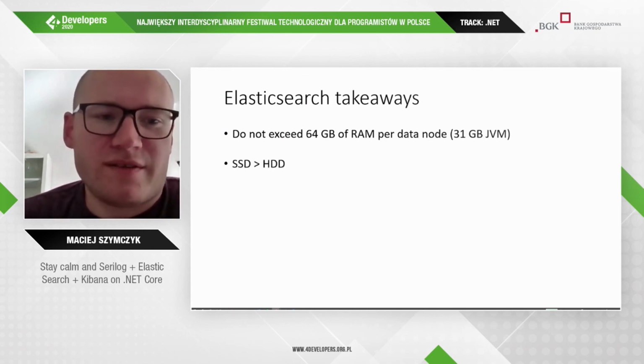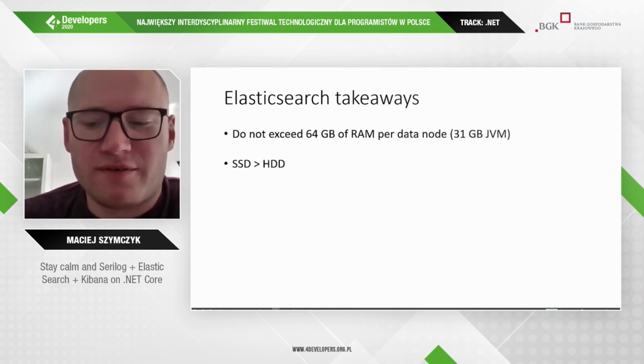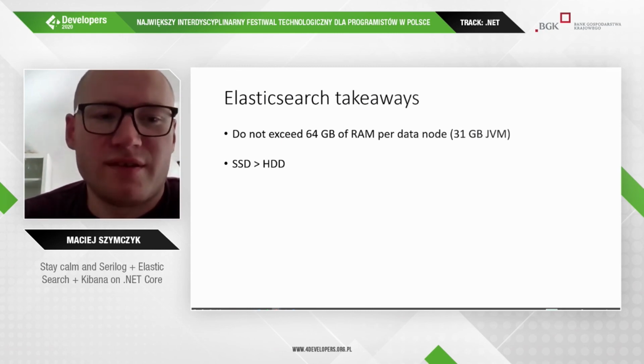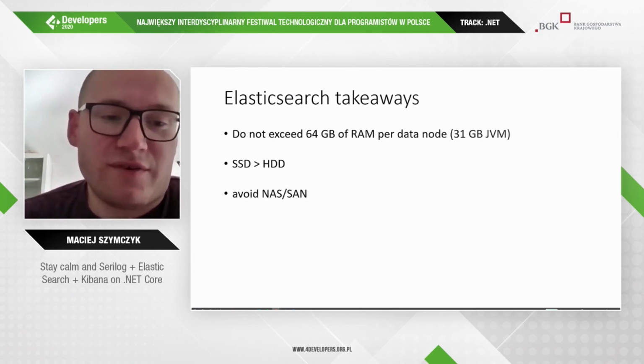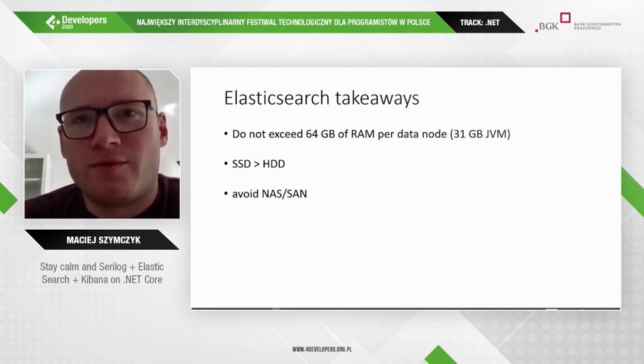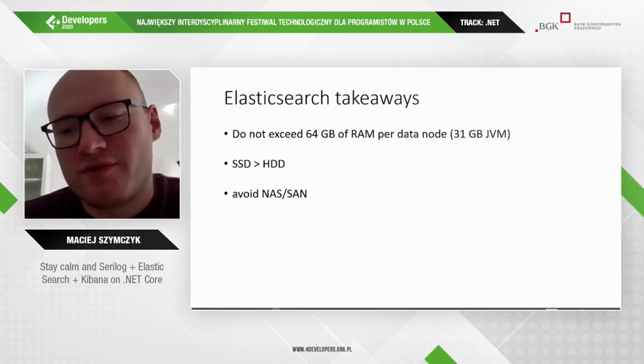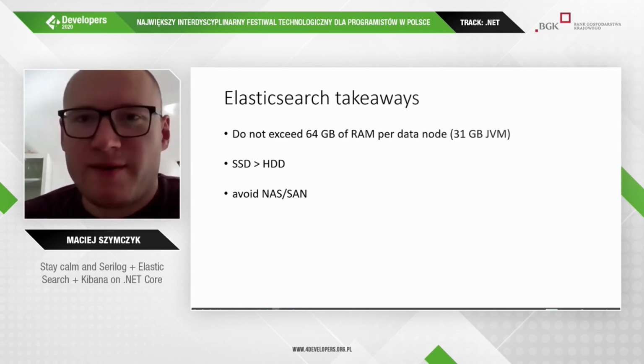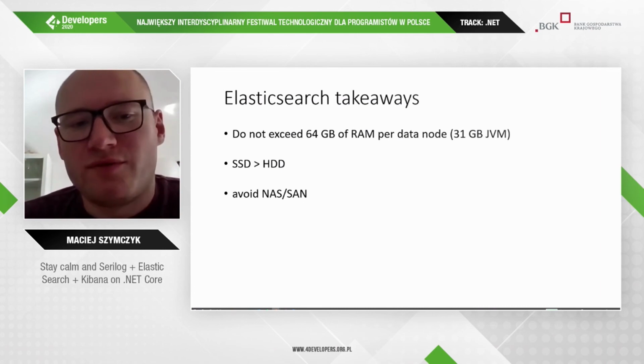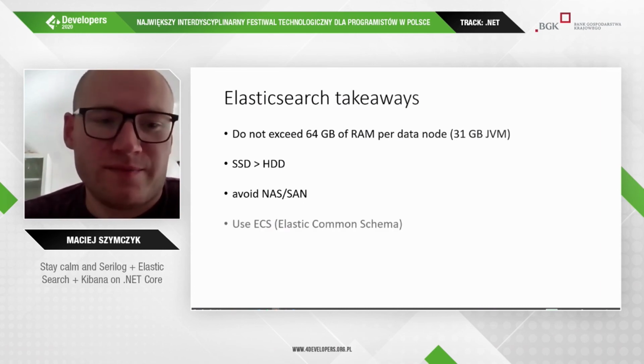You should provide some SSDs for hot storage and just static hard drives. Magnetic hard drives are slow. You should avoid NAS or SAN. So you should put those disks in the servers, not use some network attached storage.